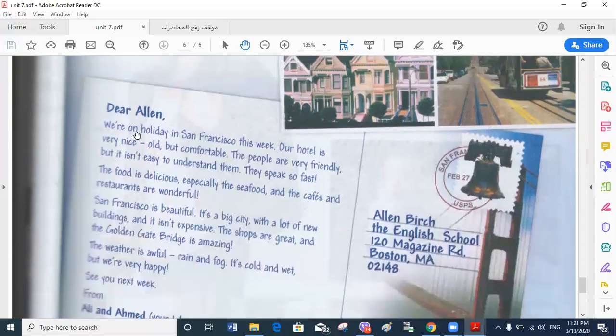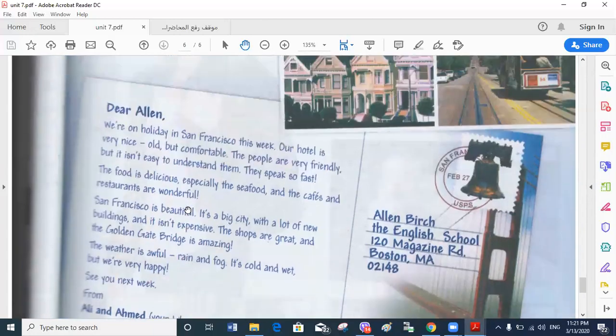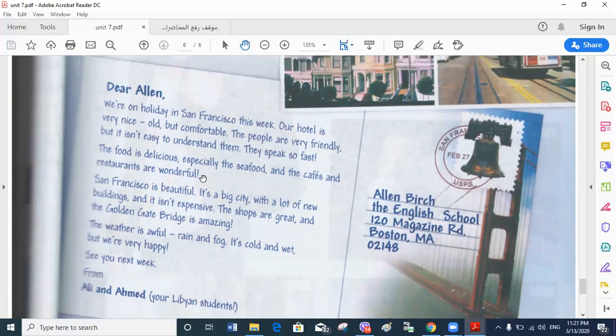you can read this paragraph, which is a postcard from Ali and Ahmed. They sent this postcard to Ellen, the English school, and this is the address. So we are going to read it. We are on holiday in San Francisco this week. Our hotel is very nice.